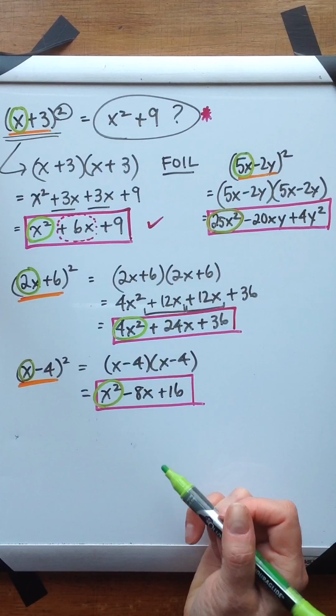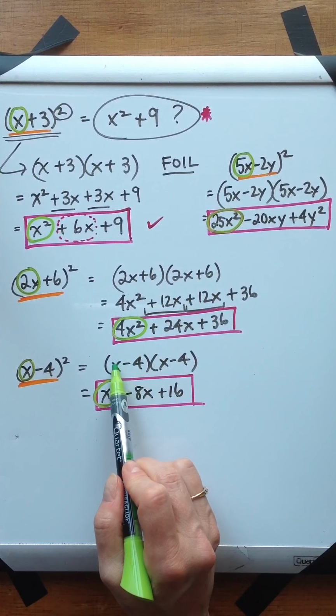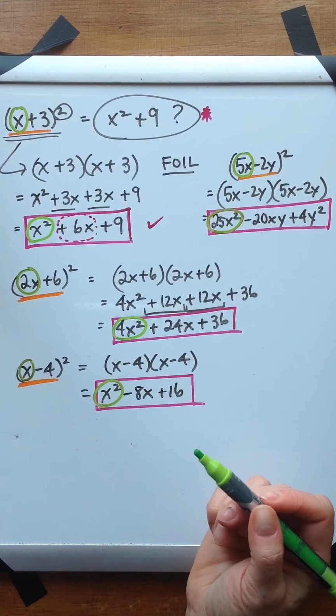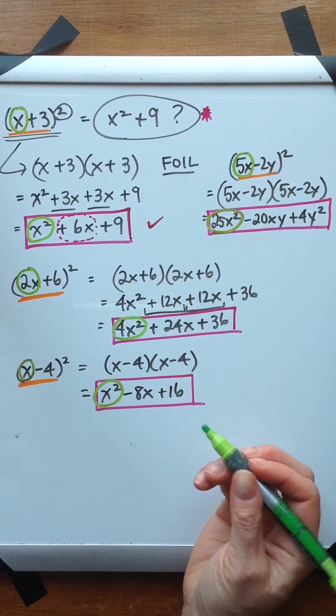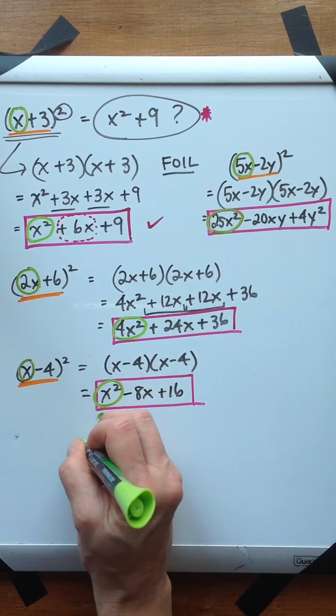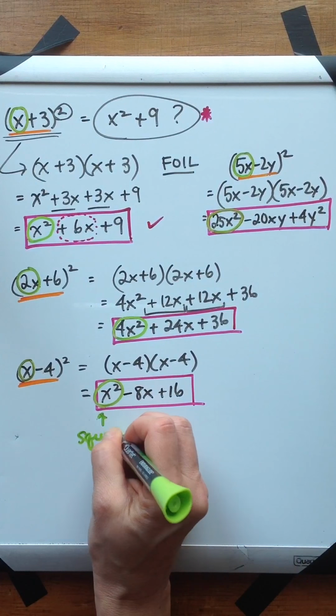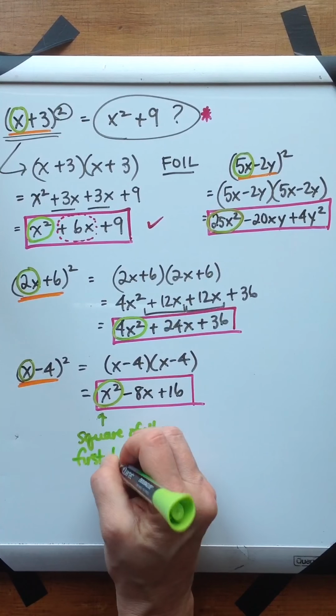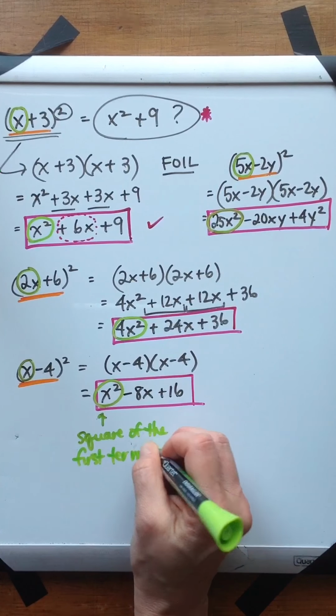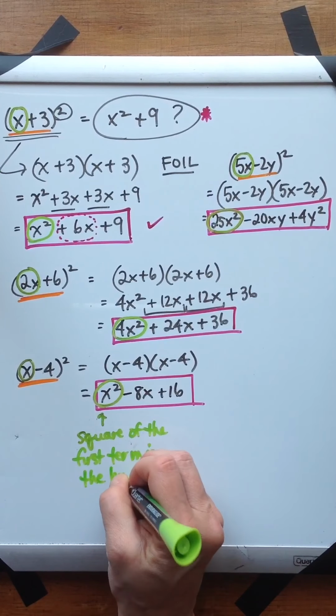Well, because it results from multiplying the firsts together, it is the square of the first term in the binomial. Okay? So this is the square of the first term in the binomial.